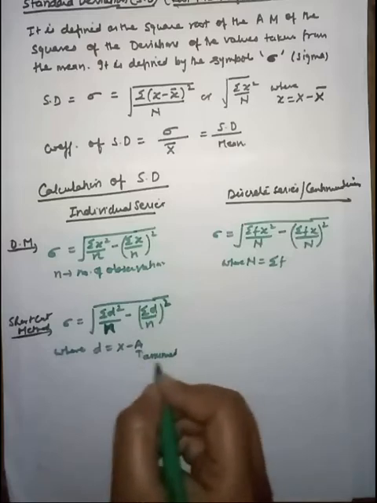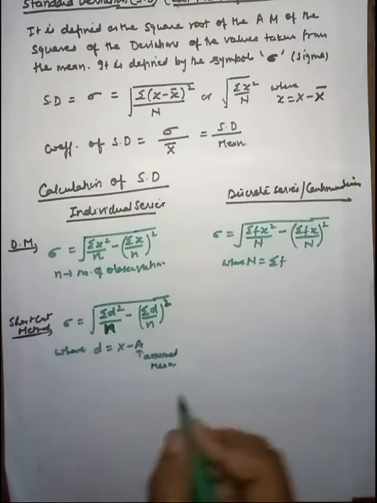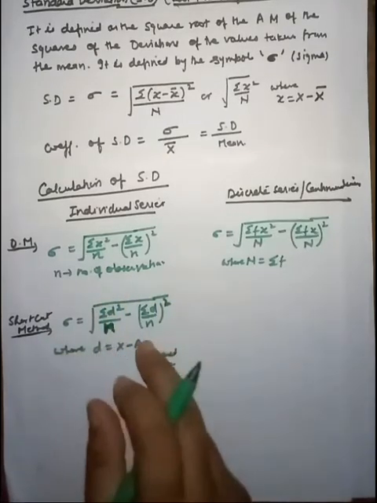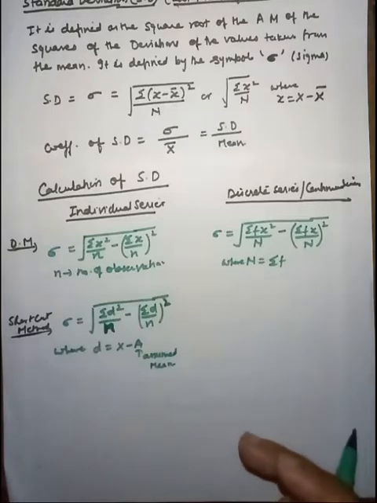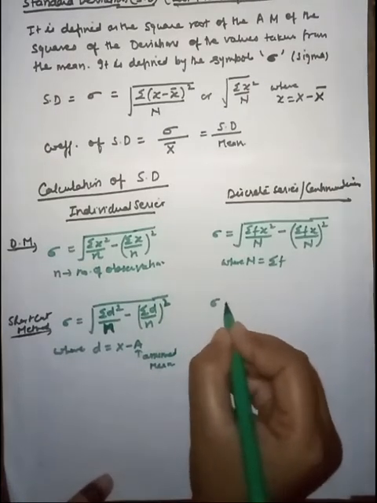In the mean chapter I told you what the assumed mean is, right? So you find the deviation, and it is based on the division. And for the discrete and continuous case, what is the formula?